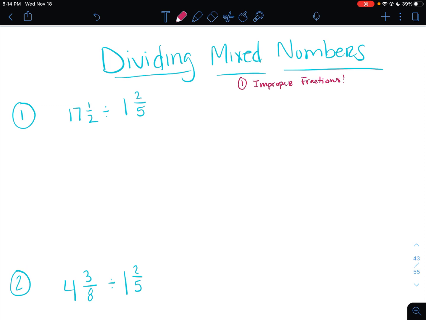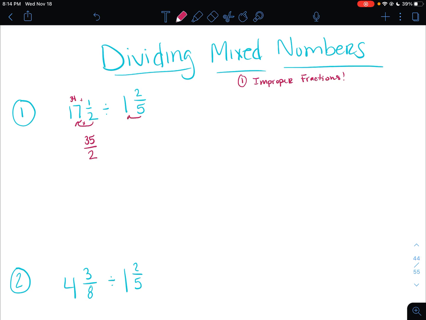Okay, so we're going to do the first one together, the 17 and 1/2 divided by 1 2/5. So like I said, our first step is always going to be improper fractions. So make them improper first before you divide. You have to. So for 17 and 1/2, we're going to go around the world. We're going to do 2 times 17, which is 34, plus 1 is 35 halves.